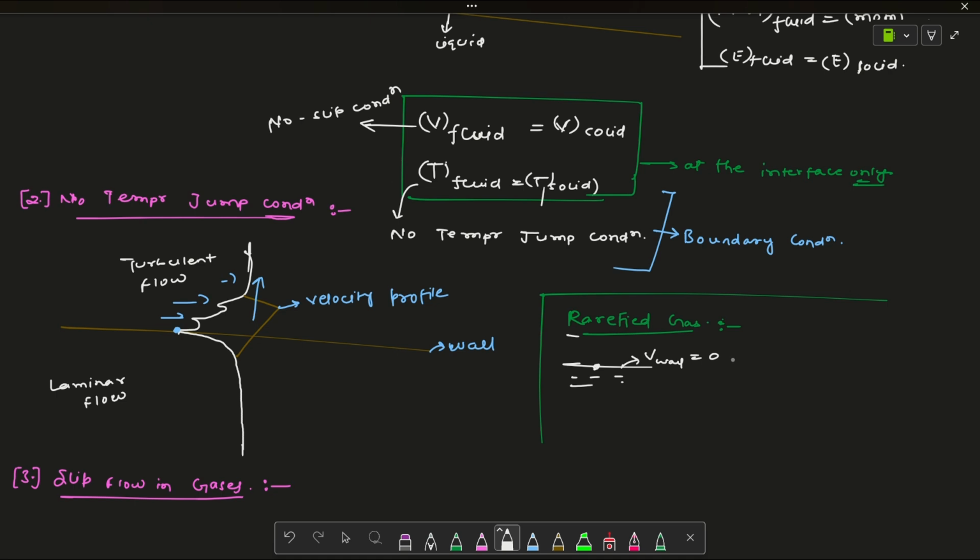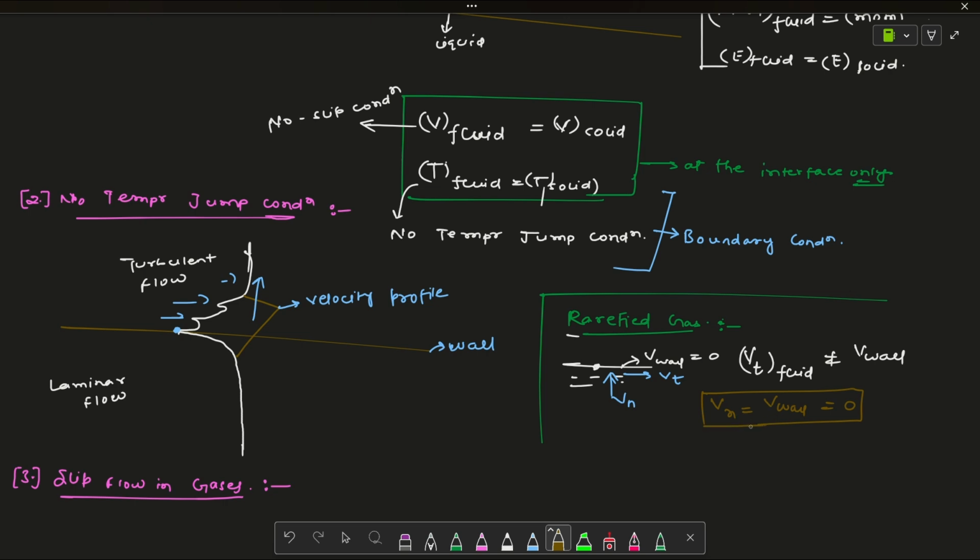That means the tangential velocity of the fluid is not equal to the velocity of the wall. But this normal velocity, as opposed to this tangential velocity, should be equal to the velocity of the wall, and that should be equal to 0 because the wall is not moving, right?